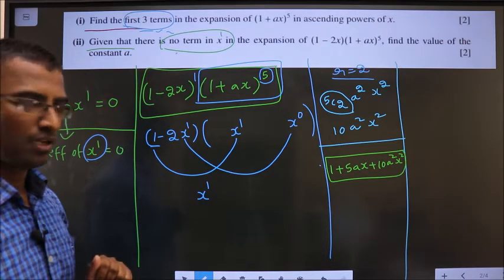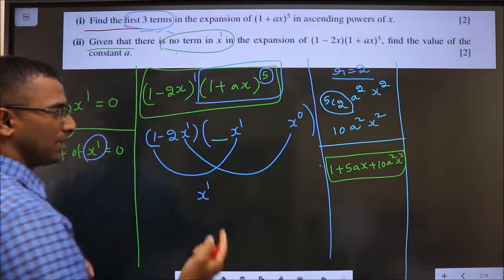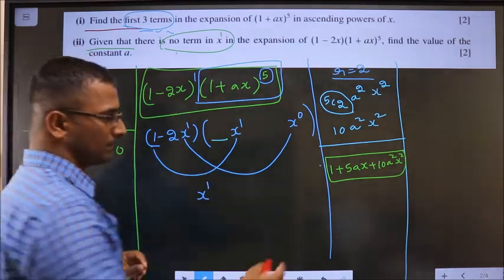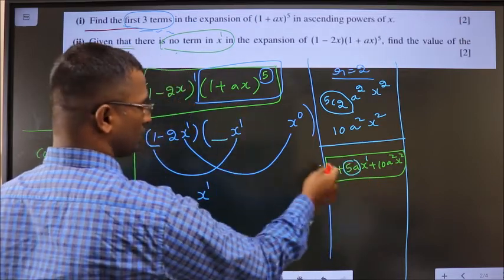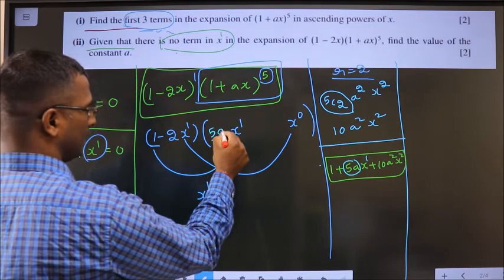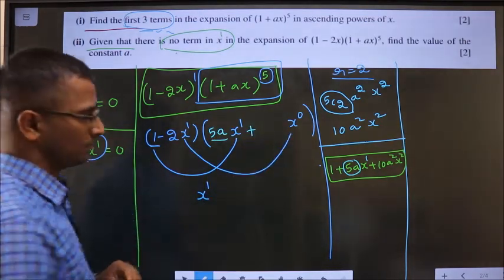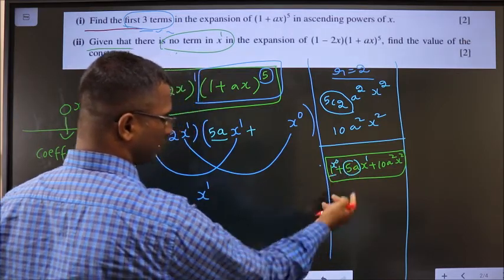Clear so far? Now, for this bracket, what is the coefficient of x power 1? I make use of the first bit result. So the x power 1 coefficient for this bracket was 5a. So I write that here. Now, what is the coefficient of x power 0? Here it is 1, nothing but x power 0. So the coefficient is 1.